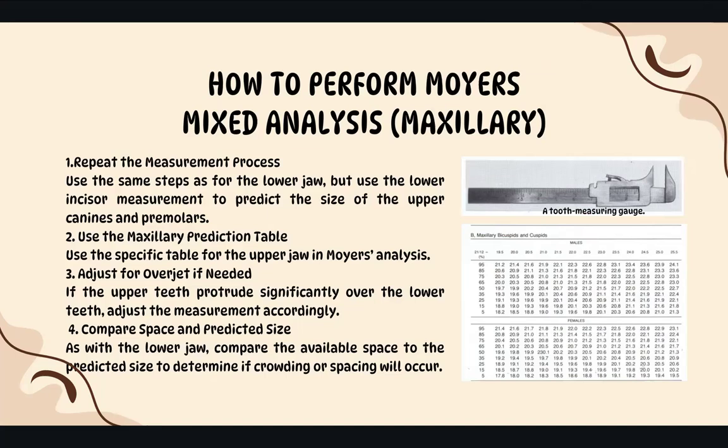Additionally, the dentist makes any necessary adjustment in the measurement if the upper front teeth significantly protrude over the lower teeth. As with the lower jaw, the available space is then compared against the predicted tooth size to anticipate either crowding or adequate spacing in the upper arch.